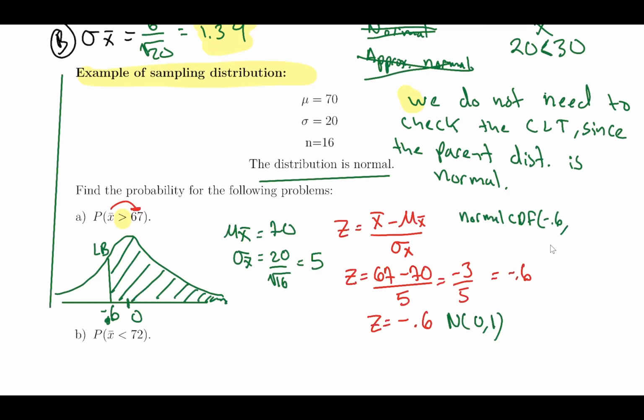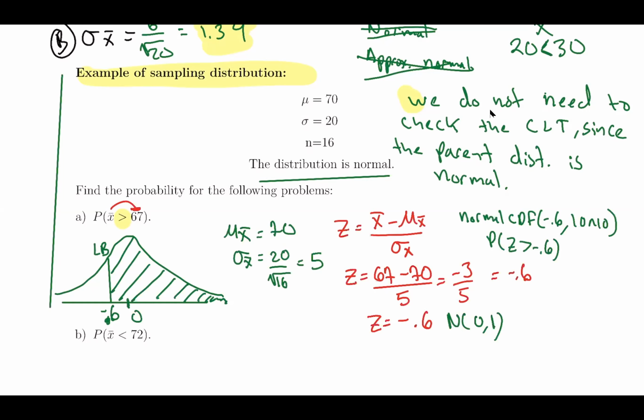What's my upper bound? All right, good. 10 to the 10 power, and that's it. So this will give me the probability that z is greater than negative 0.6, but it will also be the same answer for the probability that x bar is greater than 67.